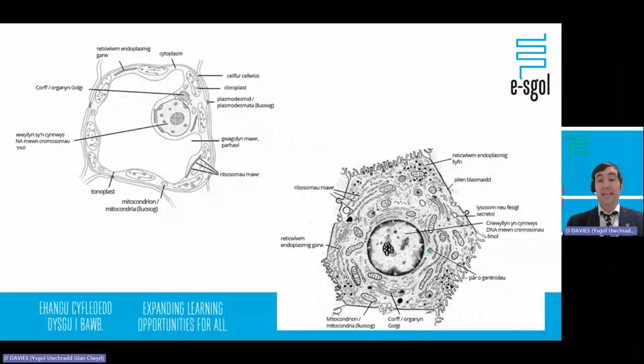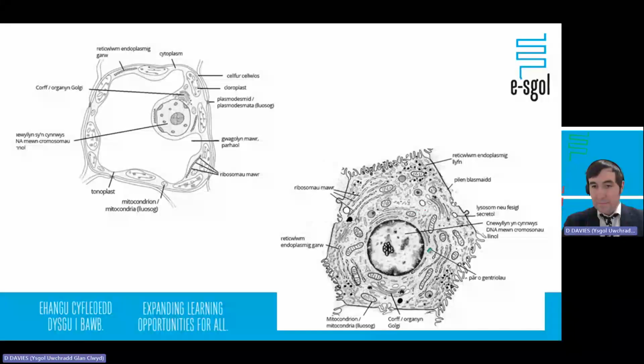So there is a diagram there. I hope you will be able to tell me that this cell here is eukaryotic because it has membrane-bound organelles, and that it is a plant cell because it contains these things, chloroplasts. This one here, despite having straight edges, is an animal cell, and that is also eukaryotic, with all these membrane-bound organelles.